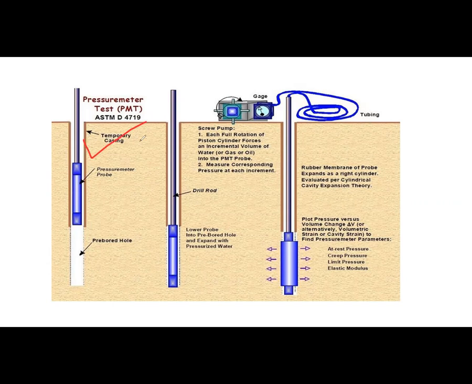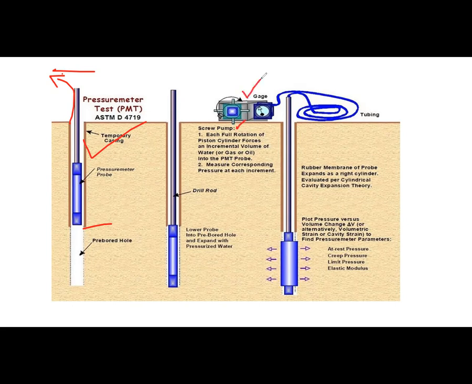It isn't a permanent one. It is a temporary casing, because if we provide a casing to the borehole throughout its depth, we are not able to find out what the ground condition actually is. So it goes only up to this point.